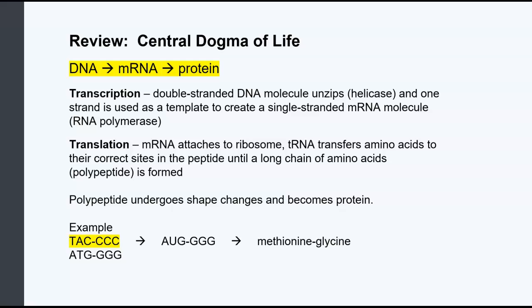It has uracil, so U. And then C's are all complementary to G's. Cytosines are complementary to guanines. And the AUG, if you look at a codon chart, AUG codes for the amino acid methionine. Remember, AUG we called the start codon. And then GGG on the codon chart codes for the amino acid glycine.